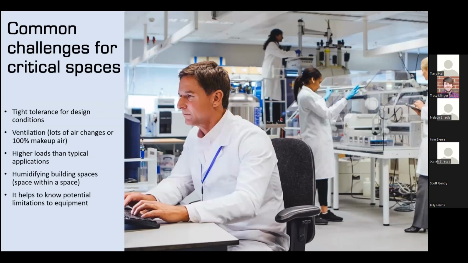So, common challenges. For any kind of critical space, I say critical because whenever you're putting humidifiers in, it usually means some kind of critical operation is going on there, including hospitals and operating rooms. But you have to work against tight tolerances.